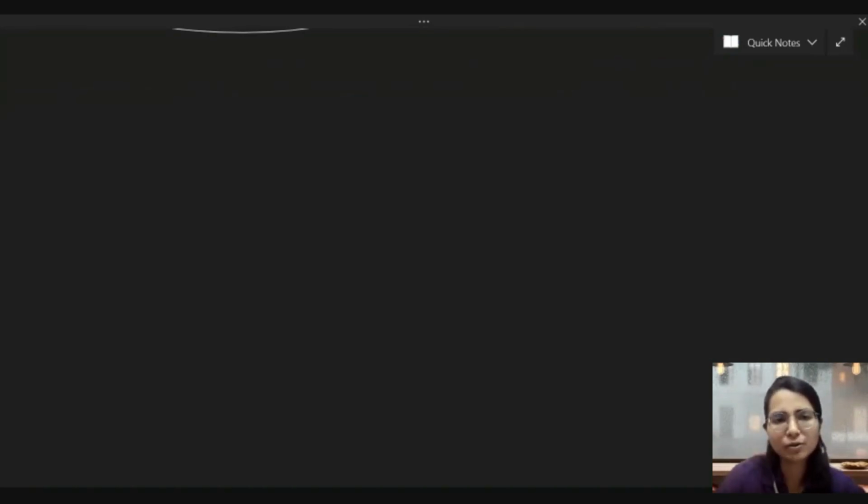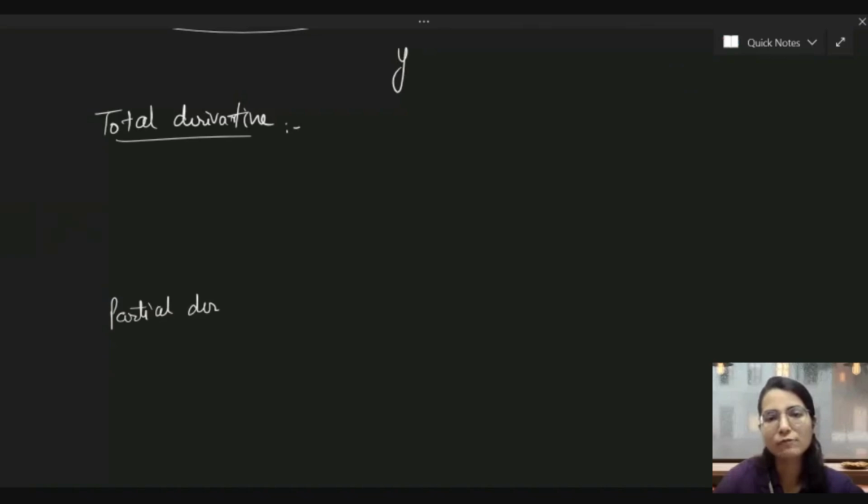Now there's one thing also which is called total derivative, and partial derivative. Suppose you have a function y equals f of x1, x2, up to xn with n independent variables.